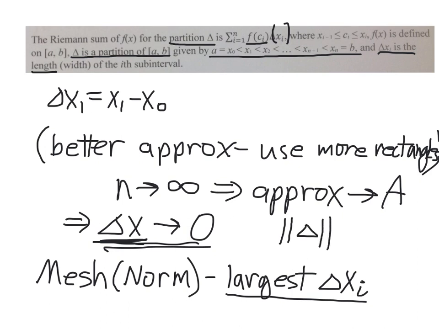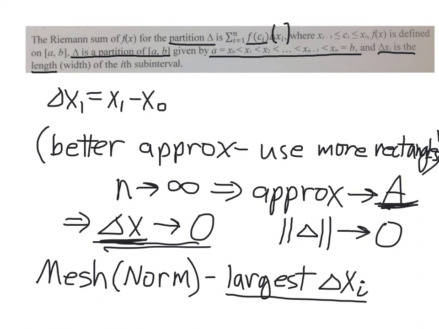It's actually a double absolute value around delta, and that's our mesh notation. And essentially, again, we're going to be saying as the mesh approaches 0, we will be approaching the exact value using the Riemann sum, using the approximations that we looked at before.